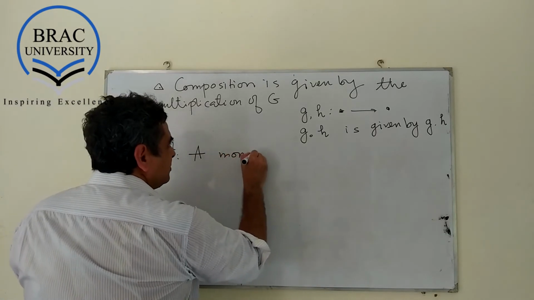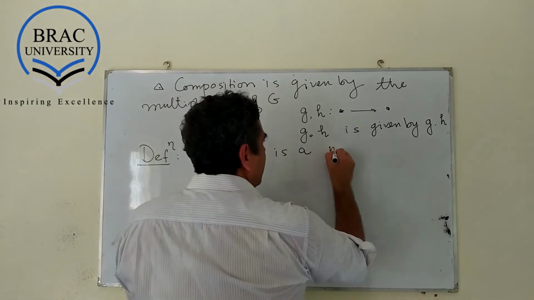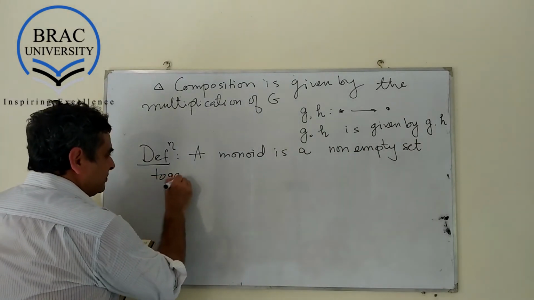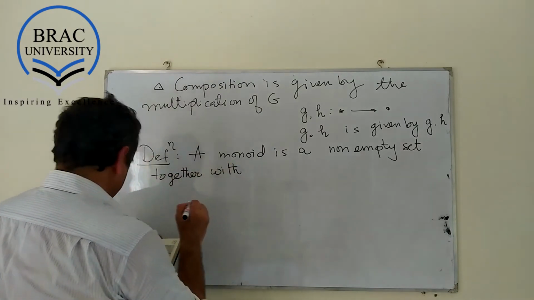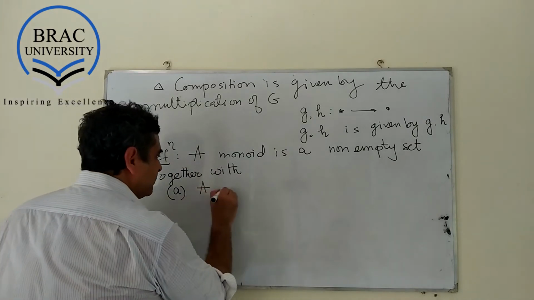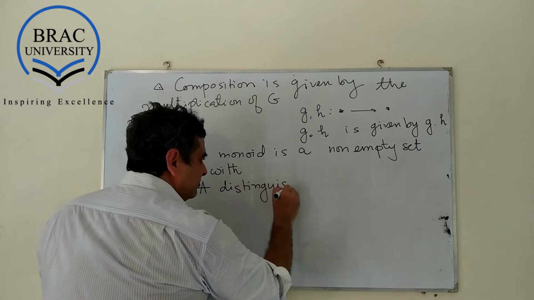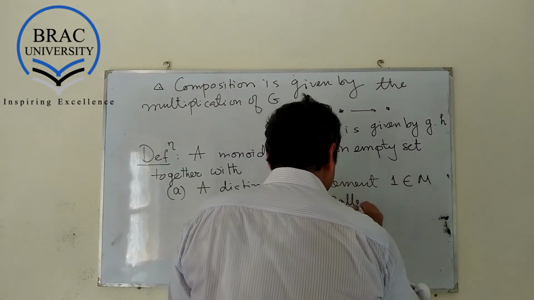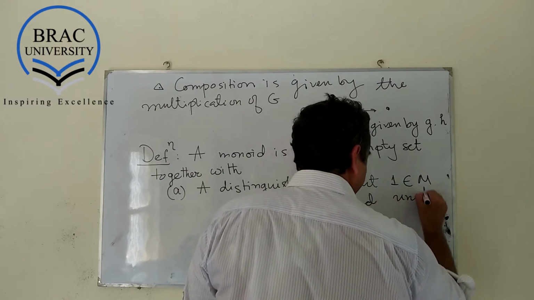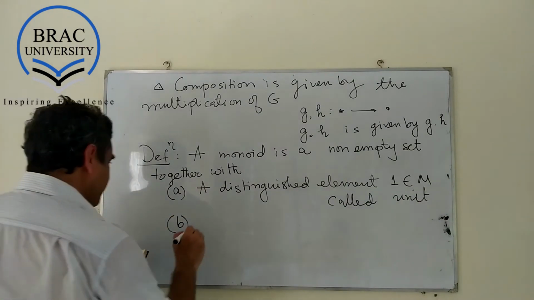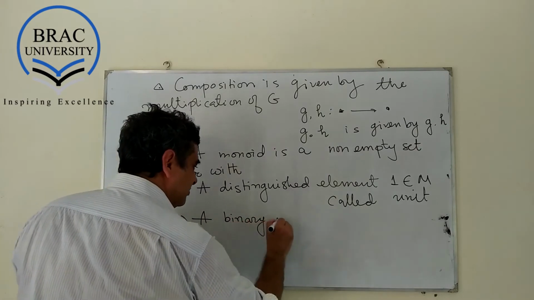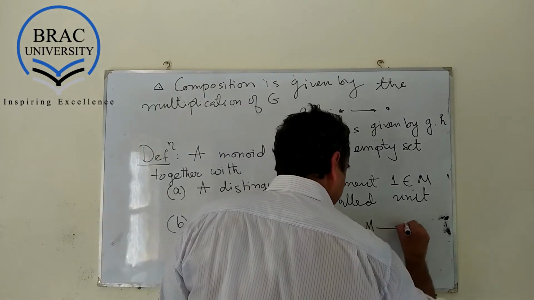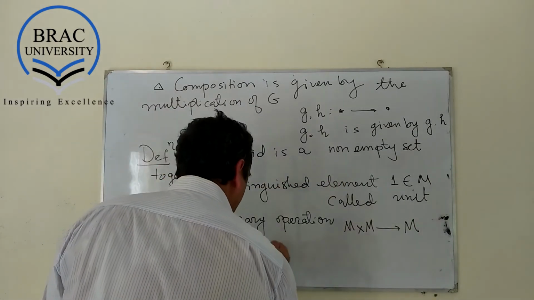A monoid is a non-empty set M together with a distinguished element 1 in M, again called the neutral element or the unit, and a binary operation called multiplication.